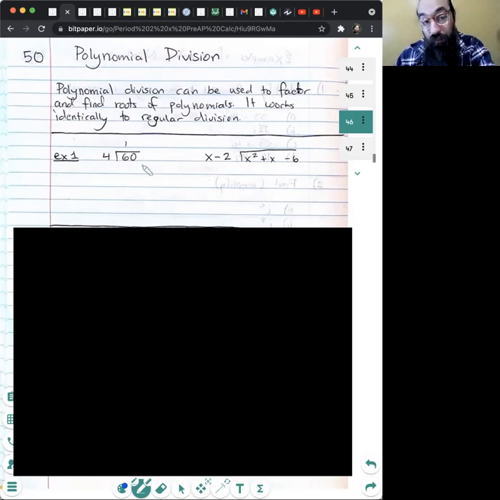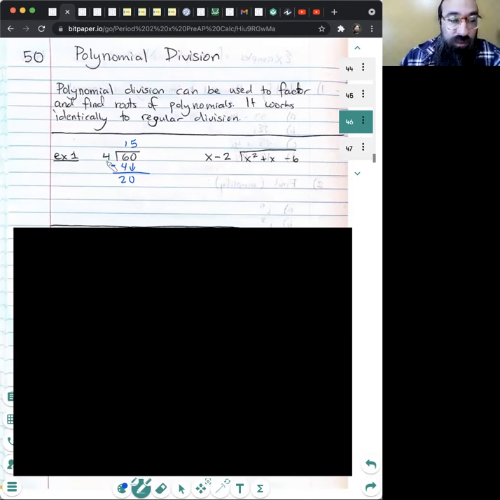We don't have a number, so we put 4 times 1, which is 4. Then we subtract, 6 minus 4, which gives us 2. Then we bring down our 0, and we ask the same question: 4 times what gives us 20? In this case, we have a nice easy number, and we get 15. So that's the same process we're going to use for this.